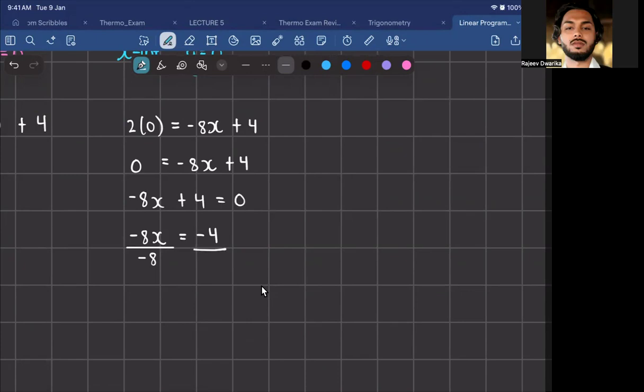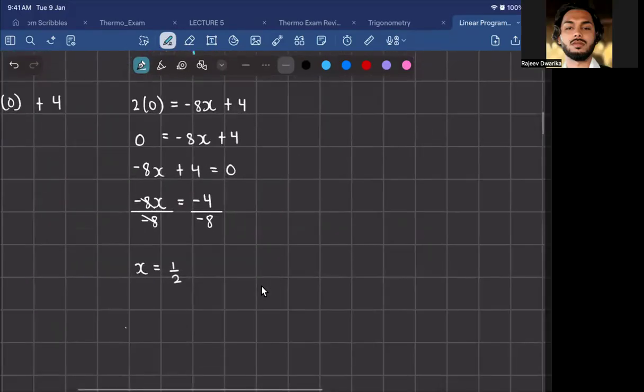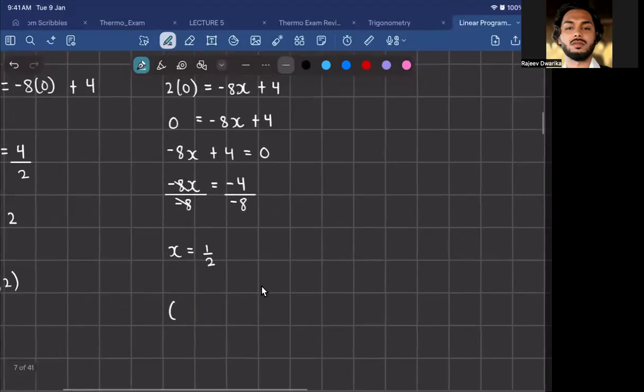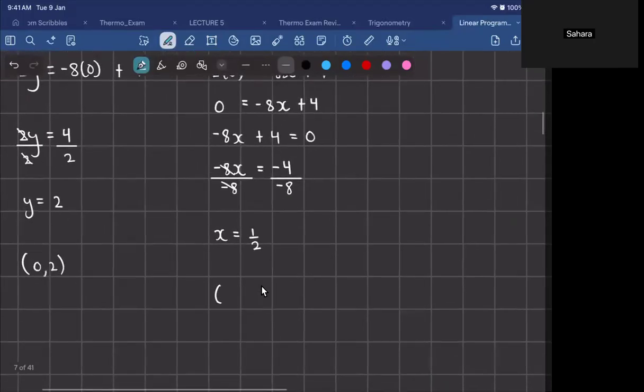I thought you were going to say positive 8, but you corrected yourself and said negative 8. Nice. So x is equal to positive a half. I see you, I'm making mistakes with the signs. Nice. All right, so where's your point then? Positive a half, comma 0.